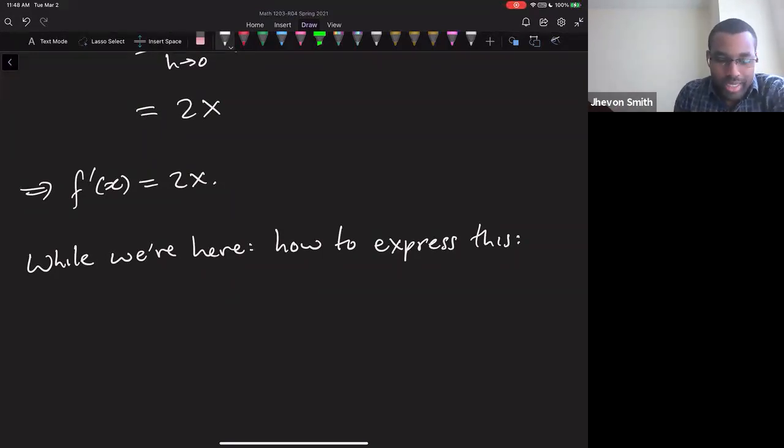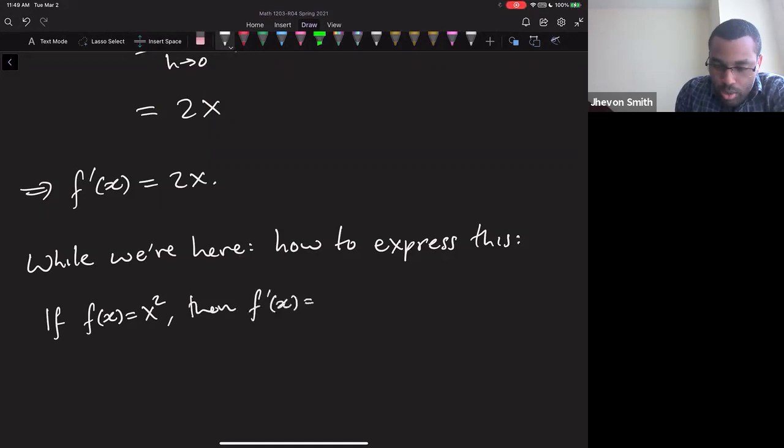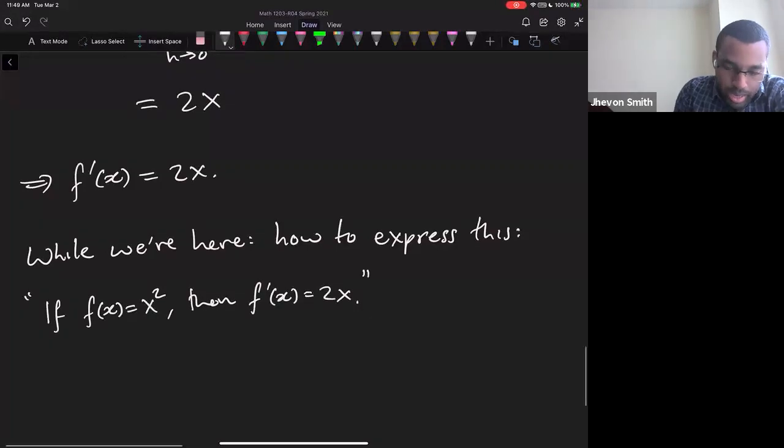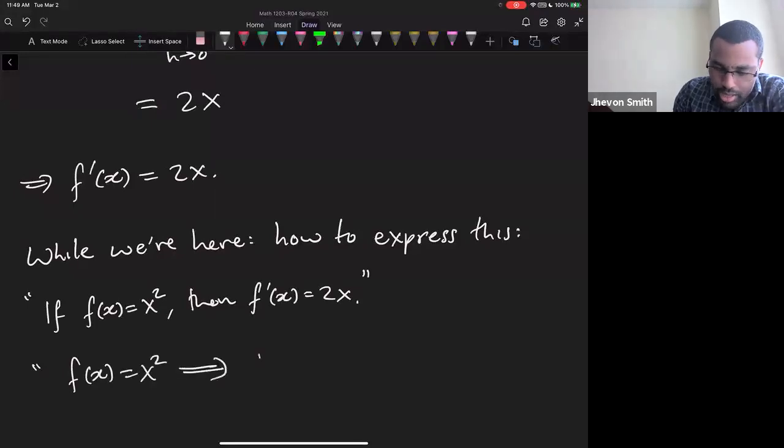So one way is to say, if f of x equals x squared, then f prime of x equals 2x. So one way you can express it is by that sentence, or something like f of x equals x squared means that f prime of x equals 2x.